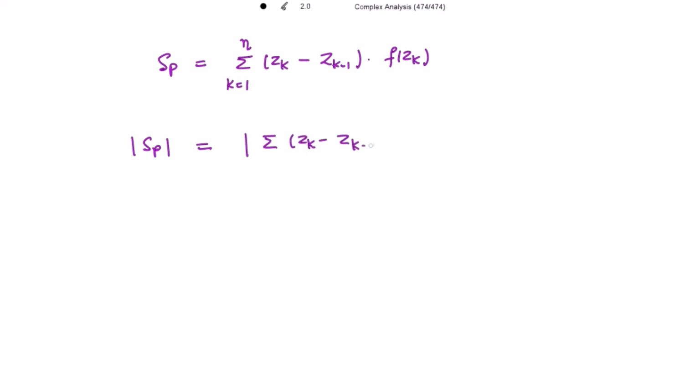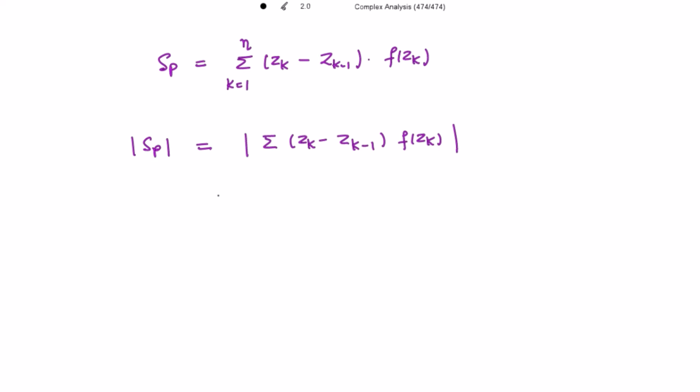So let's start the proof. We know that if P is a partition of the closed interval AB, then the sum is the summation of (zk minus zk-1) into f(zk), where k goes from 1 to n. Now if I take the modulus of this sum, it will be equal to the modulus of the summation of (zk minus zk-1) into f(zk).